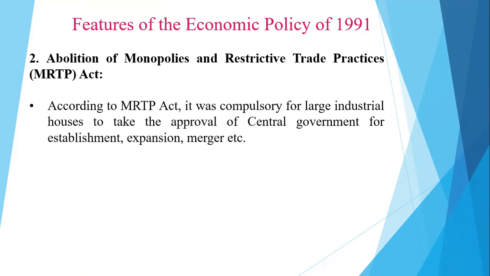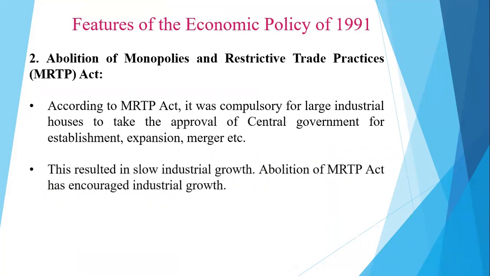According to MRTP Act, it was compulsory for large industrial houses to take the approval of central government for establishment, expansion, merger, etc. This resulted in slow industrial growth. So abolition of MRTP Act has encouraged industrial growth.